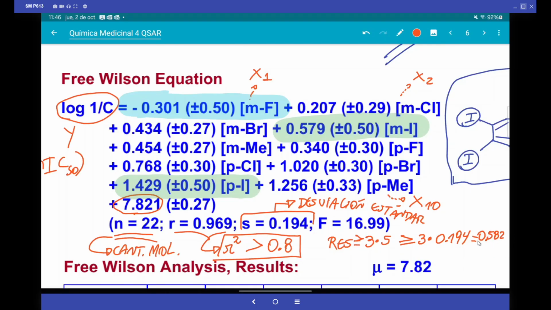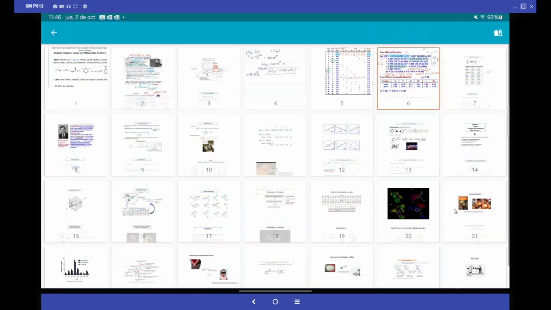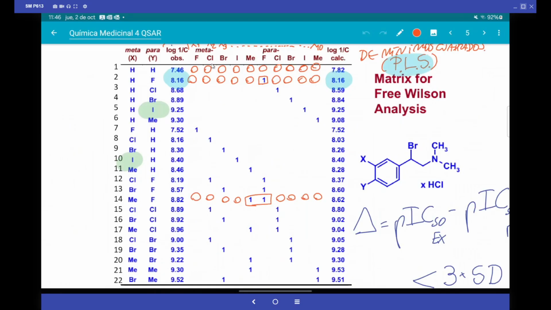we talk about a residual. Then we go back to our table where we had all the information. We have the observed activity minus the calculated activity. This is how a residual is calculated.